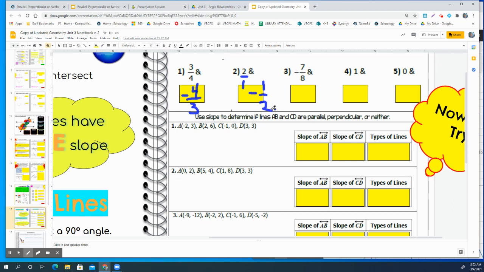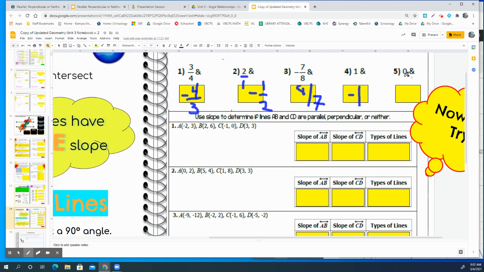right? How would I turn this -7/8 into a perpendicular slope? +8/7. How about 1? If I have a slope of 1, how do I turn that perpendicular? -1, yes, absolutely.